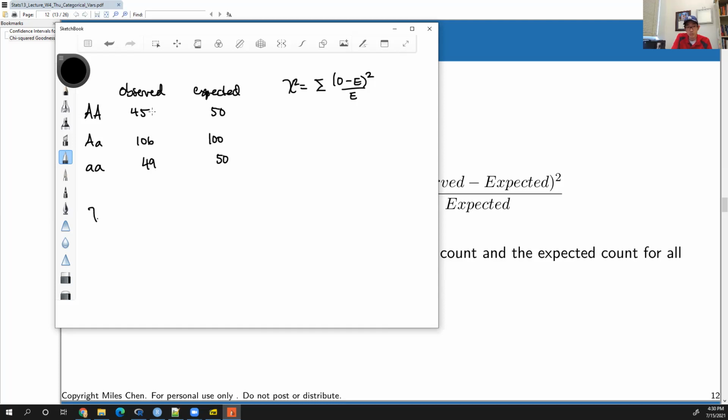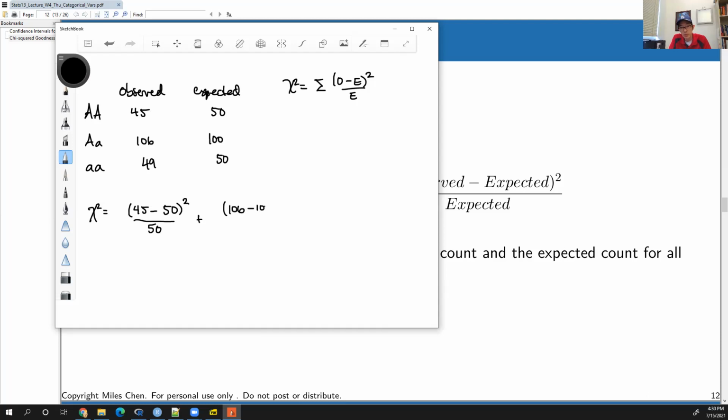Our chi-squared statistic: we take the difference between the observed 45 and what we expected to see. I got 5 less than what I expected, and we divide by the expected. So we square those differences, divide by the expected, and we do this for all 3 categories.